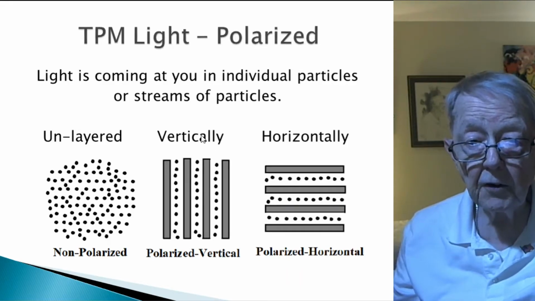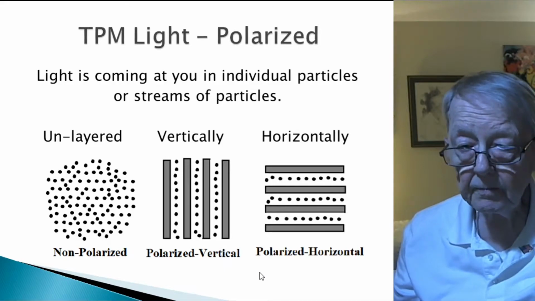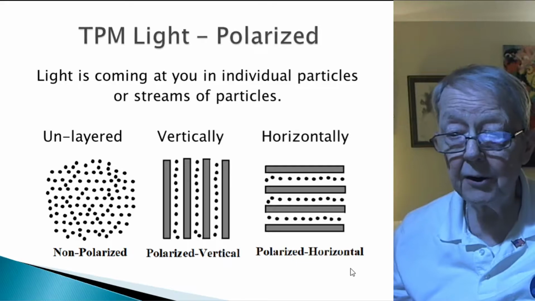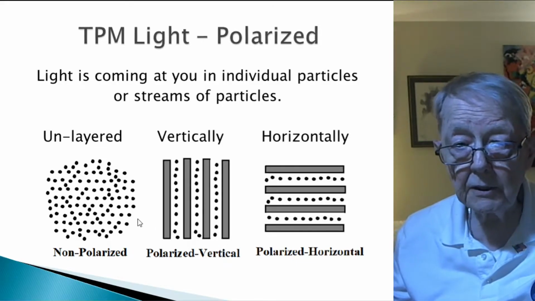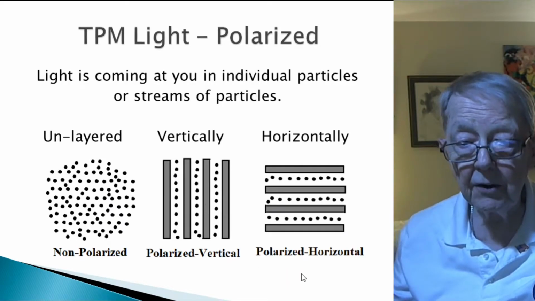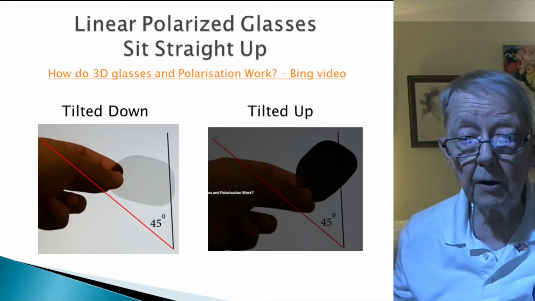This is vertically layered. This is horizontally layered. It's easier to say layered because it really is describing what's happening, how some of the vertical ones get blocked in the horizontal, and you have a layered structure of light. That's what we talked about last time.